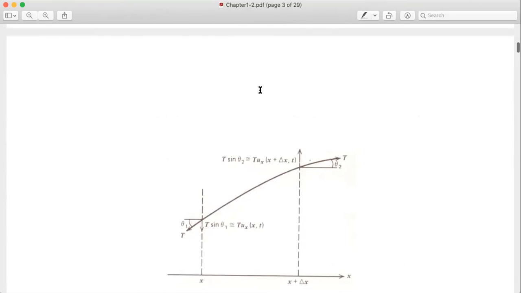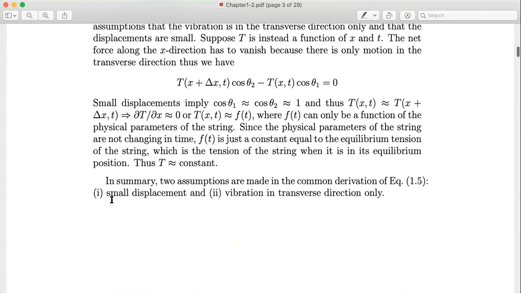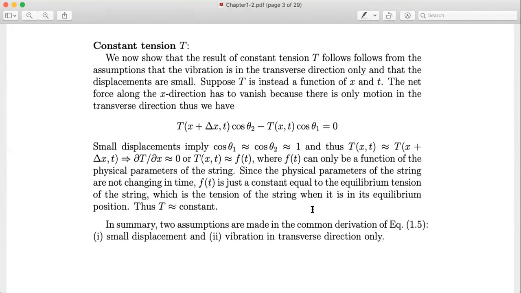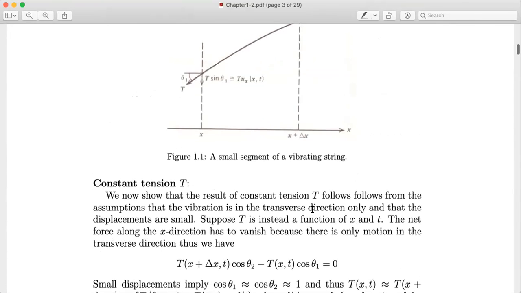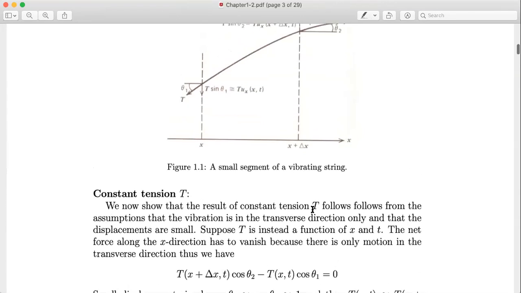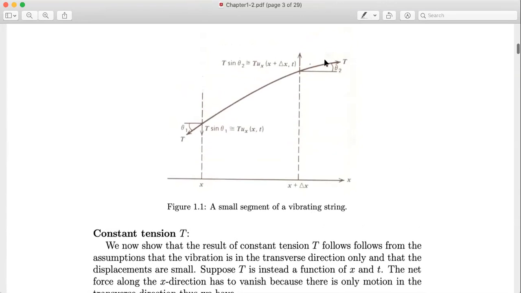So these are the two assumptions: small displacement and vibration only in the transverse direction. Now we are going to see that these two assumptions will automatically give you a constant tension. But let's just remember this figure. Let me turn to the whiteboard.